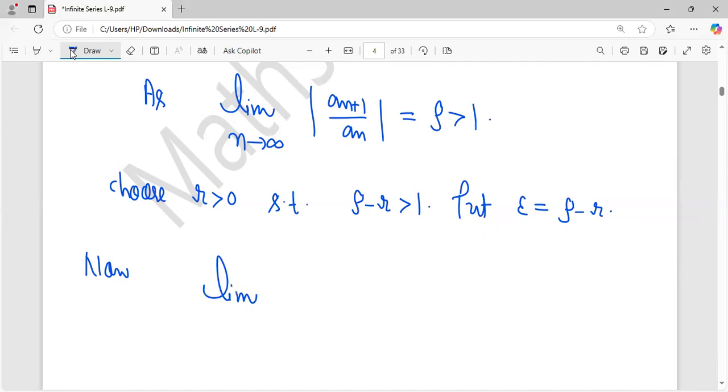Now limit n tending to infinity of a_(n+1) upon a_n is equal to rho.